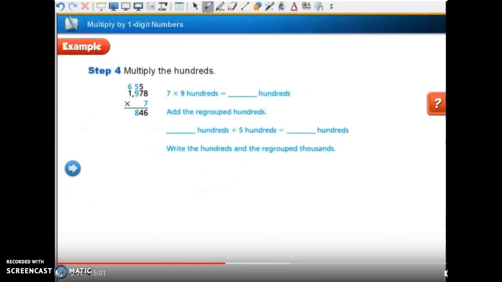Now we're going to multiply the hundreds. What is 7 times 9? 63. So I have 63, and I regrouped how many hundreds? 5. So 63 plus 5 is 68. Write the hundreds, regroup the thousands.